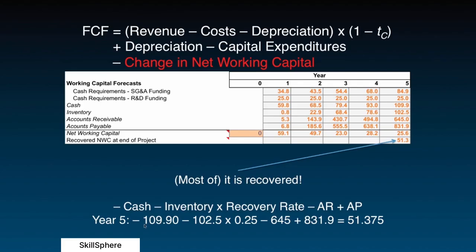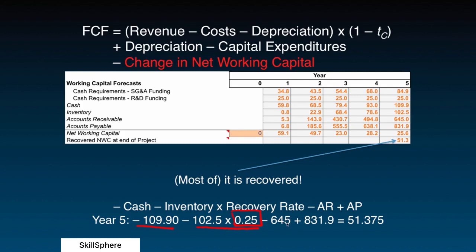In particular, we're going to be able to recover the cash. We're going to be able to recover some money from the inventory, but by assumption, back in our forecast drivers, we're assuming we're only getting 25 cents on the dollar for this inventory that is probably obsolete and either not worth much in terms of scrap or on some sort of secondary market.